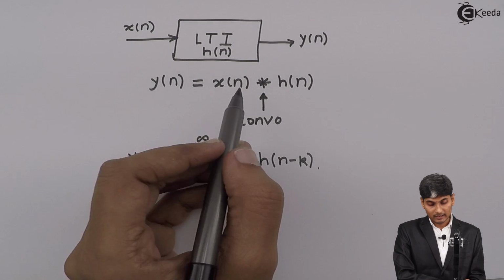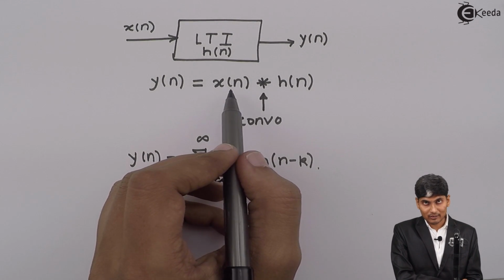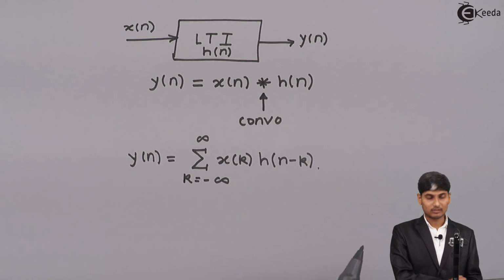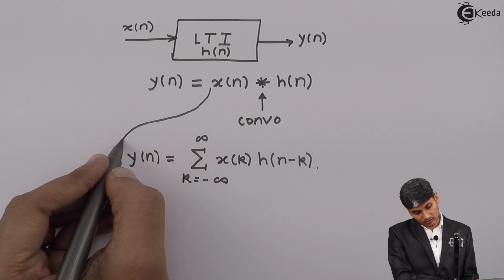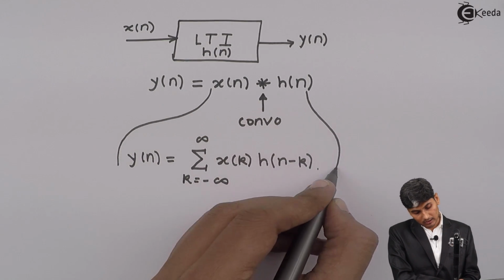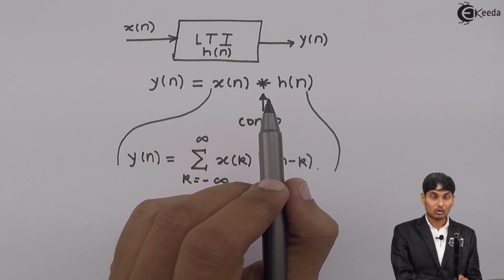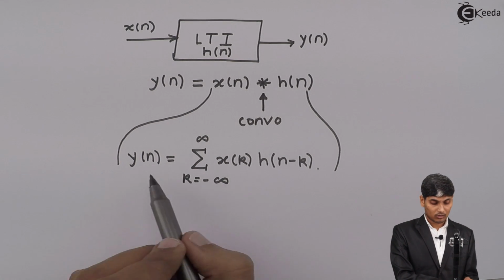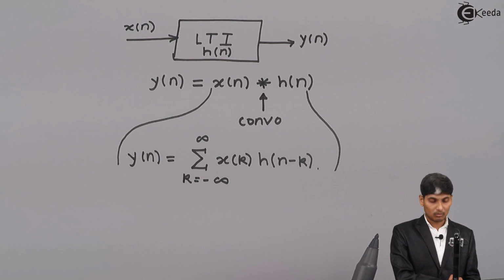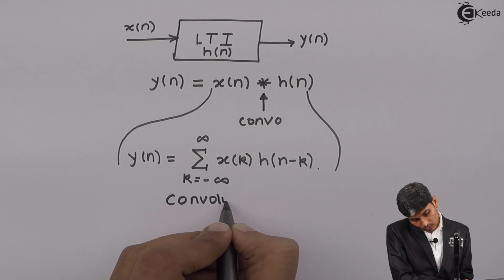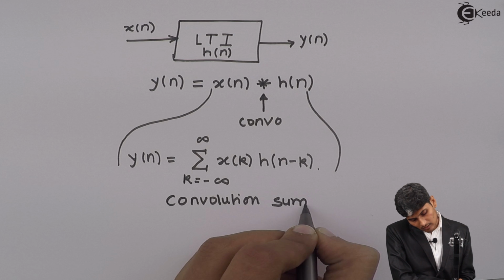So the simple expression x of n asterisk h of n is written as this. It is not multiplication but convolution, and this is called the convolution formula, or in some texts it is referred to as convolution sum.